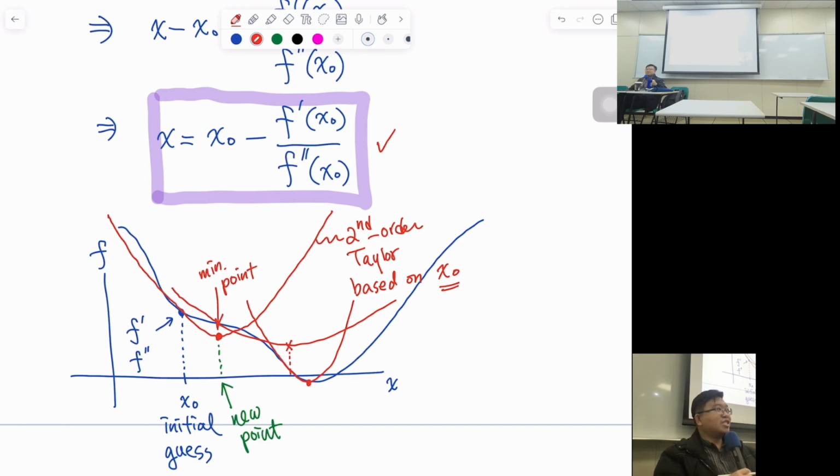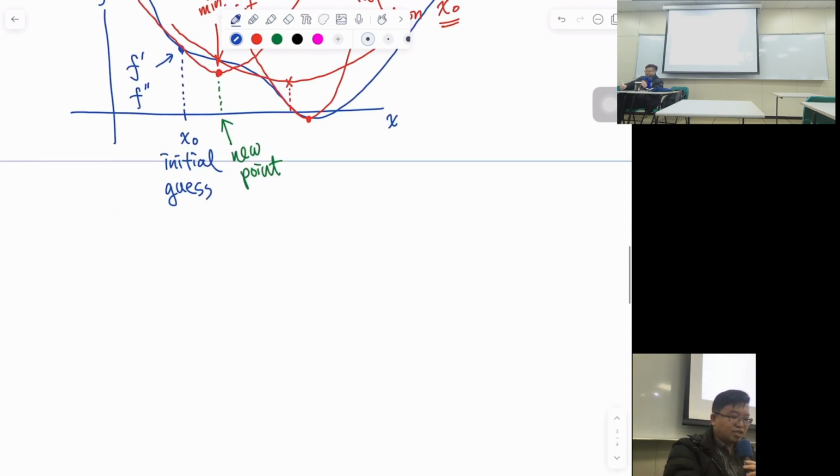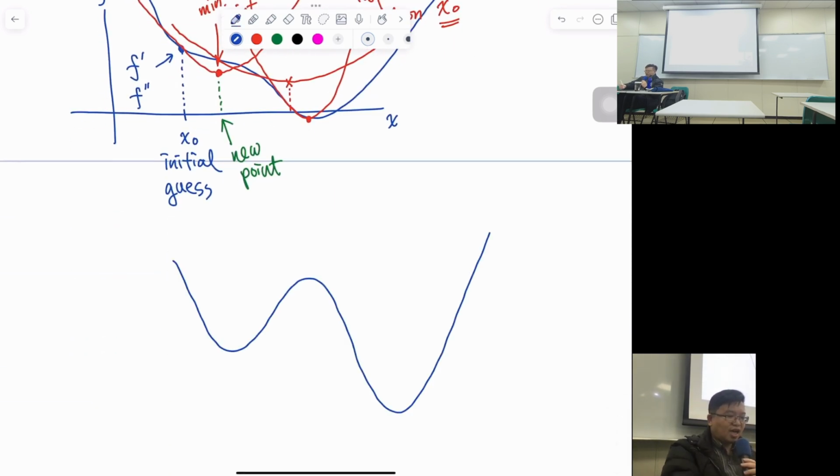Does it guarantee that you will reach the minimum point? Sometimes yes, sometimes not. Okay, so if a function looks like this, it's obvious that there are multiple local minimum points. Then you can get trapped.